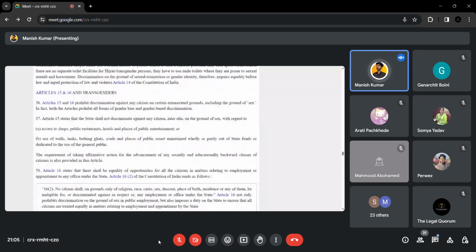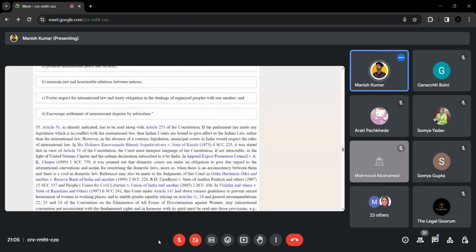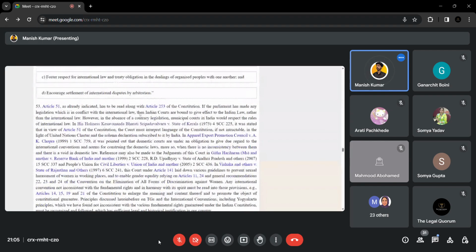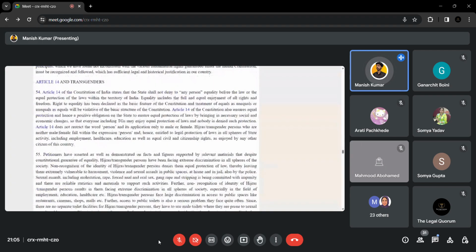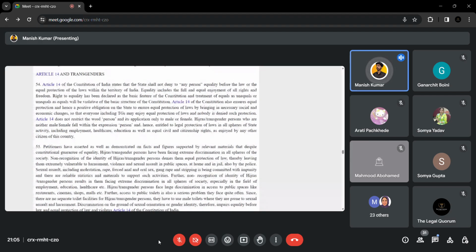Okay, so I was telling, in between there is a lot of stuff that is of no use for us. So you need to filter those out in order to save your time and effort. Now, here you can see Article 14 and transgenders.